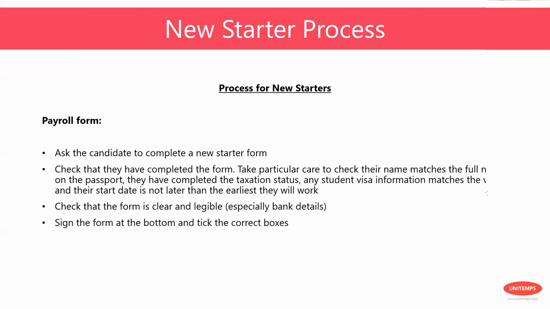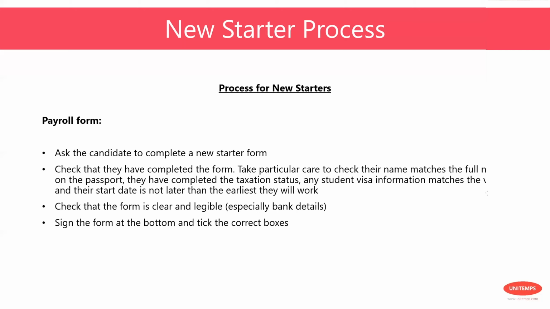And make sure the start date is not later than the earliest they will work. If they put a start date in the future, just make sure they're not actually going to start before then, because otherwise your payroll office will refuse payment, which is a bit of a headache. Check the form is clear and legible, especially bank details.